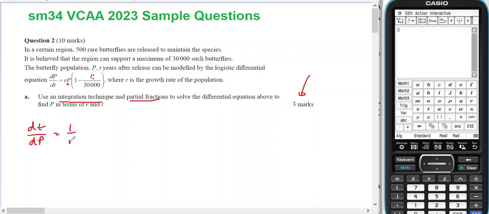Equals 1 on R, 1 on P, and 1 on 1 minus P on 30,000.